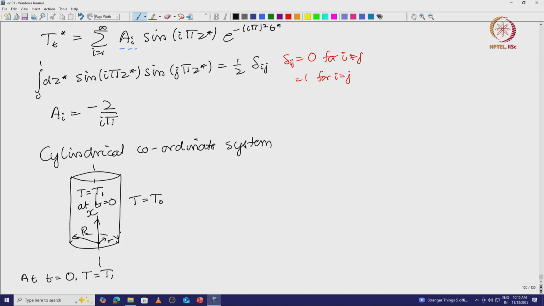So, basically you have a cylinder at a particular temperature, say 50 degrees centigrade, and you instantaneously immerse it into water at 20 degrees centigrade and you want to know how the temperature of that cylinder changes with time and as a function of radial position. So, that is the problem.